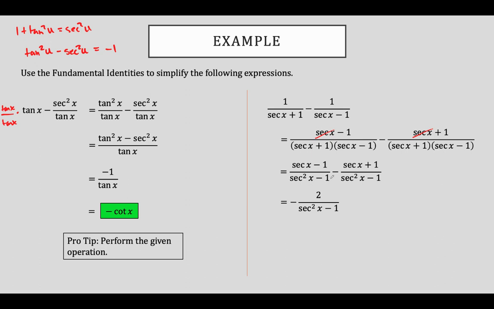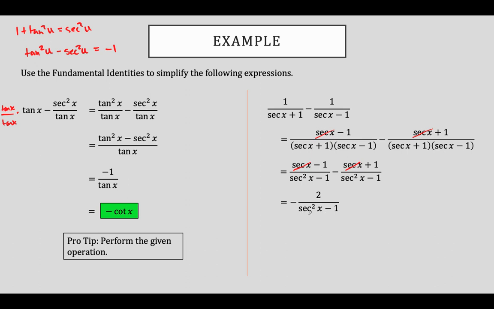The secant squared x minus 1 comes from foiling our distributive property of multiplication. Secant x times secant x is secant squared x. Our outer and inner terms add to 0. Positive 1 times negative 1 gives me a negative 1. And again, secant x minus secant x, negative 1 minus a 1 gives me a negative 2. This is negative 2 divided by secant squared x minus 1.